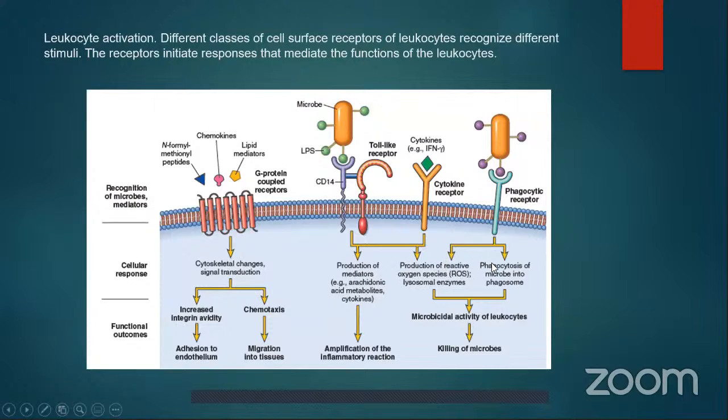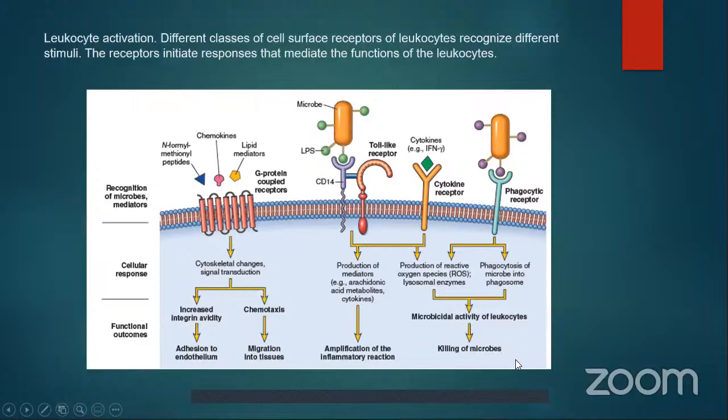Along with that, this will facilitate the phagocytosis of the microbe into the phagosome. That will result in the microbicidal activity of the leukocytes with the ultimate killing of the microbe. So that's how the whole process starts, and this is how the different receptors on the membrane of the leukocyte participate from the recognition till the final killing of the offending agent.